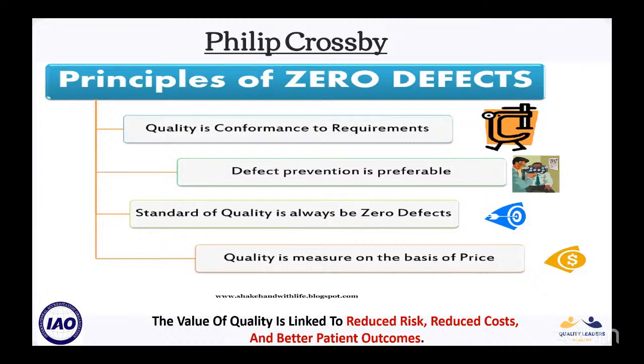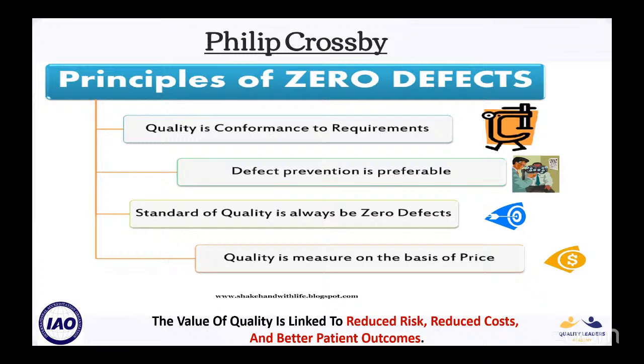In a way, inspection is taken out. The performance standard is zero defects. The measure of quality is the price of non-conformance, meaning the cost of poor quality. He is famous for saying that quality is free, where preventing defects costs less than fixing them, right?